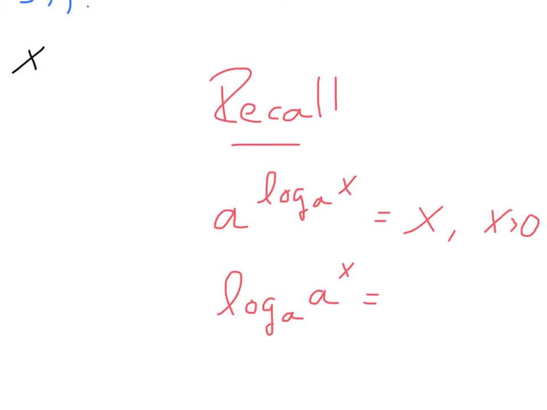This is because the logarithm and the exponential function a to the x are inverse functions. That's for any x for which a to the x makes sense, which is to say any x at all.